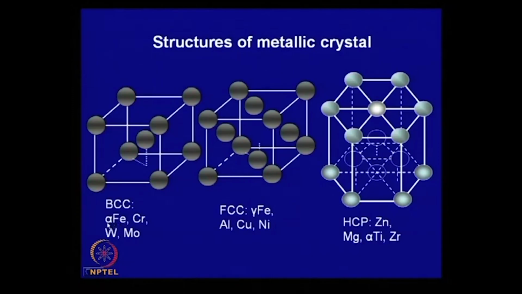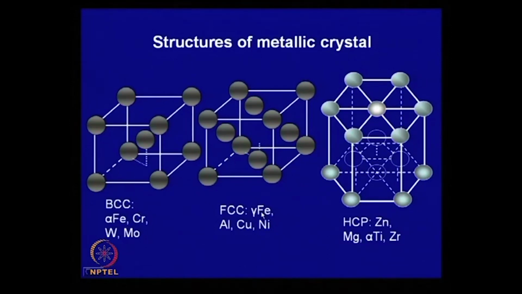Iron, I named it as alpha iron, that is the form of iron which we normally get at room temperature. Then chromium, tungsten, molybdenum. The face centered cubic structure you get in gamma iron, aluminum, copper and nickel, and this gamma iron does not exist at room temperature.